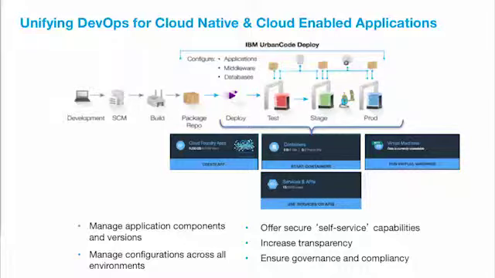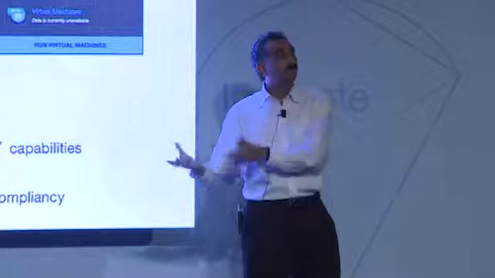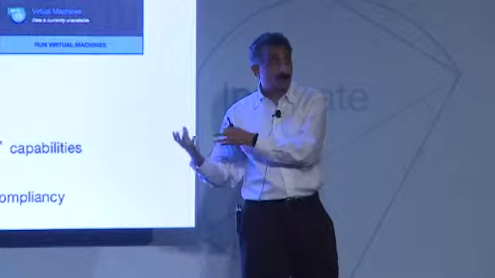The second element is the deployment part, which is having the flexibility to deploy these elements across technologies, Cloud Foundry, containers and patterns of existing VMs, and doing it across clouds. How do you get a system in which you can couple some of the release management tasks with the deployment tasks? Deployment is particularly interesting because you might be doing dev and test on a cloud, maybe even off-premise, and then move that consistently on-premise.